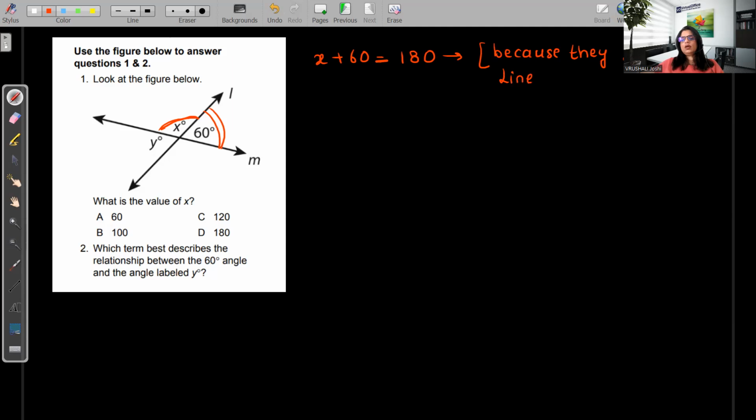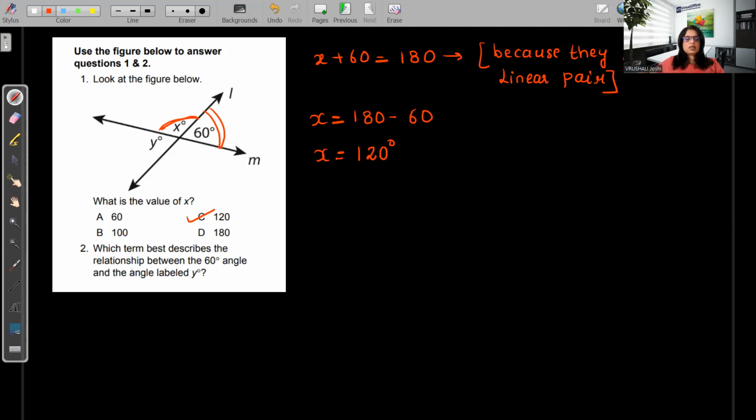And we just saw that the sum of two angles on a linear pair is 180, correct? Now, that means X will be how much? It will be 180 minus 60. So X will give you 120 degrees. That is the value of X. So the answer is C, correct?